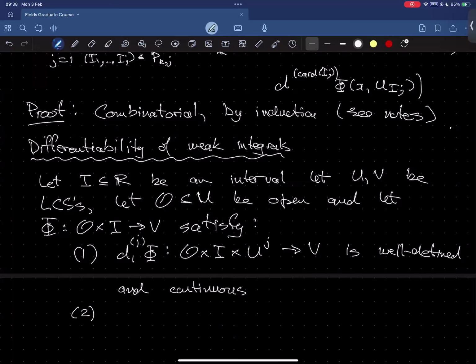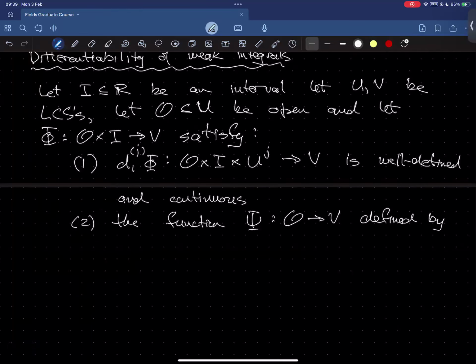So the next thing I'm going to ask is that the integral, obviously with respect to I, exist for every point in O. So the function which I'll call psi, which is the integrated function from O to V, defined from phi: psi of x is the weak integral over I of phi of x and s ds, and it is well defined.